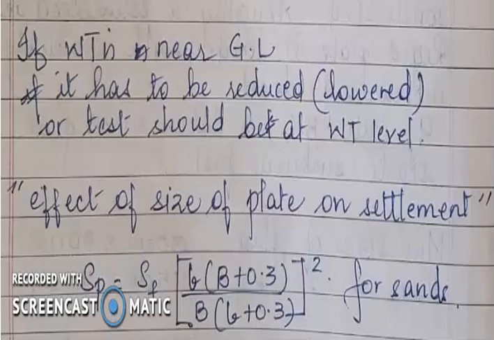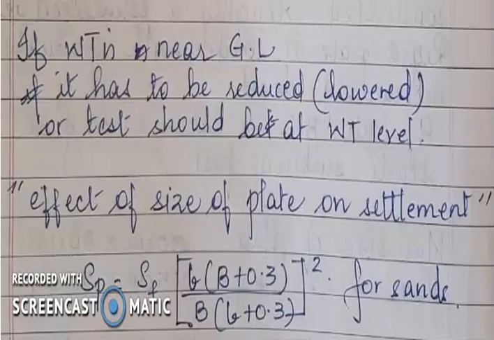Now this pumping and all is possible again only in typical types of soil. That's the reason right in the beginning I told you the soil has to be more or less coarse grained soil. You cannot have this kind of test conducted on pure clays. It will not be very reliable, more so because clays will also settle very late. We all know the type of consolidation that sands undergo is immediate, whereas in the case of clays, it is secondary consolidation, secondary settlements.